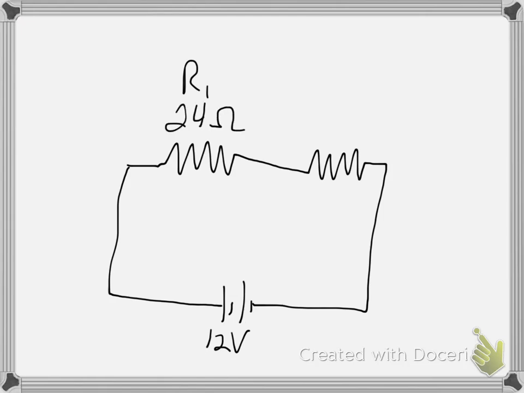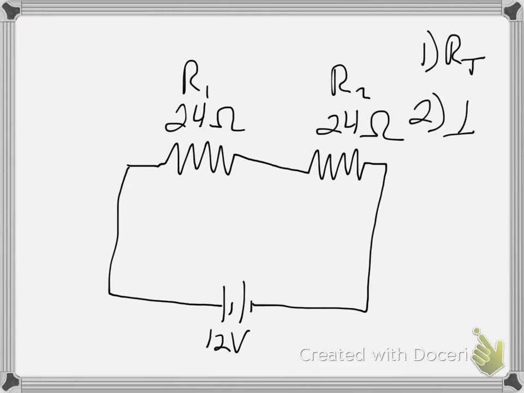So I can ask two questions here. Number one, what is the total resistance? And two, what is the current flowing through this circuit? Those are my two questions, and let's answer each one in turn.